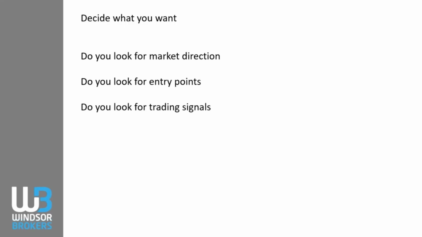So what you also need to know is first to decide what you want. The first thing, which we studied in our previous sessions, is to check the general direction of the market. Once you have the general direction, you can break it into pieces, let's say, and get more details about it.